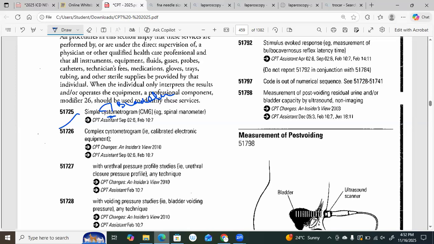As the bladder slowly fills with warm water, the manometer records the bladder pressure. If the bladder contracts suddenly while being filled, that means it's dropping. We are getting the fluid into the bladder, but it's not completely filled.